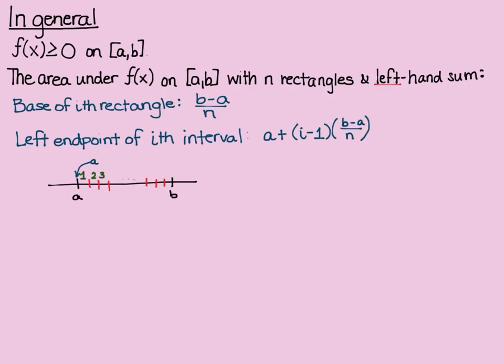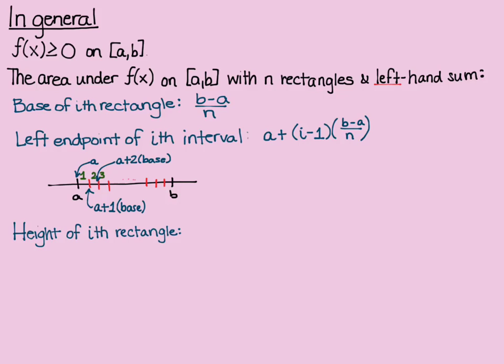And the way that we see this is that if I number the rectangles 1, 2, 3, and so on, the first rectangle actually just uses a as its left endpoint. The second rectangle uses a plus 1 times the base. The third rectangle uses a plus 2 times the base, and so on.